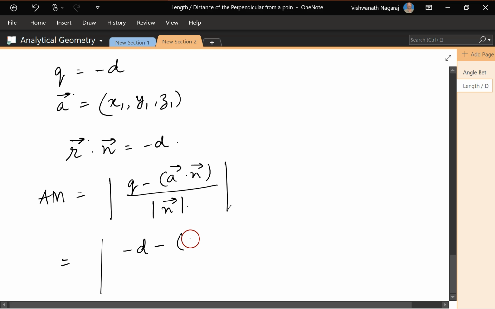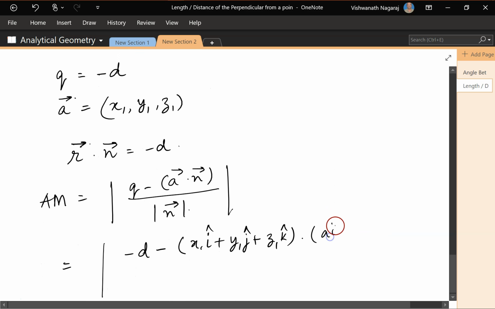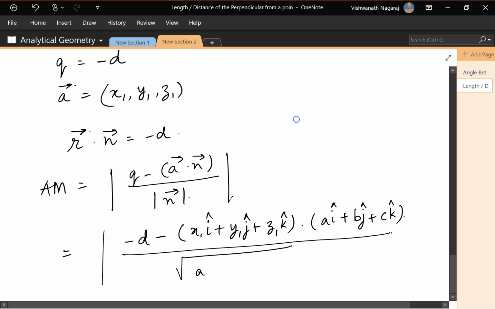A is x1i plus y1j plus z1k, dot n, which is ai cap plus bj cap plus ck cap, divided by magnitude of n, which is square root of a square plus b square plus c square.